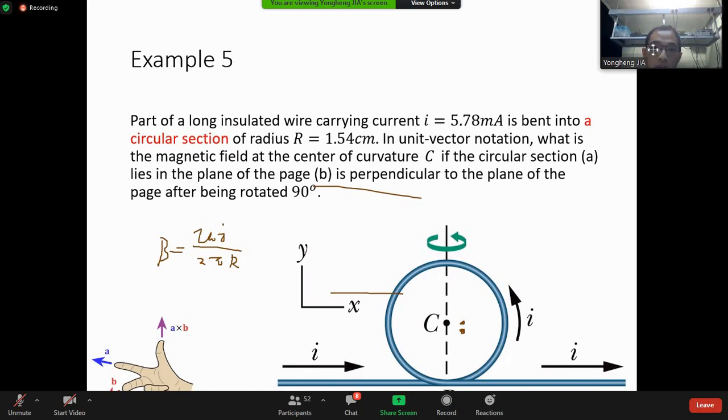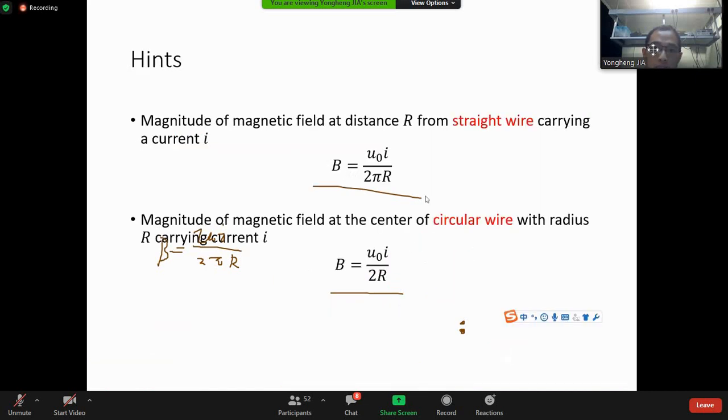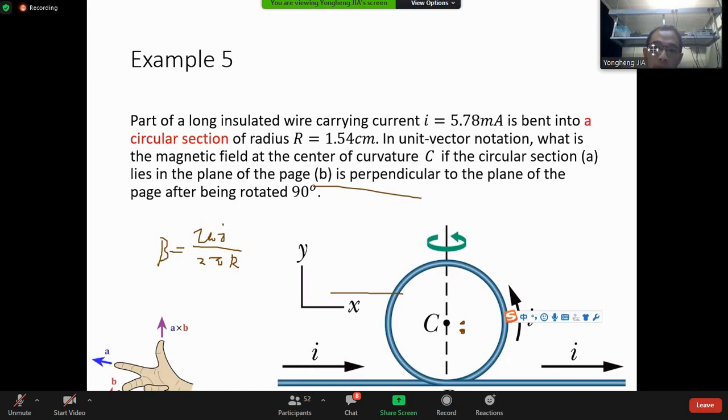So we can use the formula on this page, and we can calculate B1 and B2, and now they are in the same direction. So we can simply add B1 and B2. And again, you should tell the direction: it points out of the page.